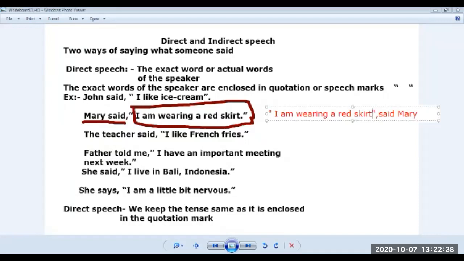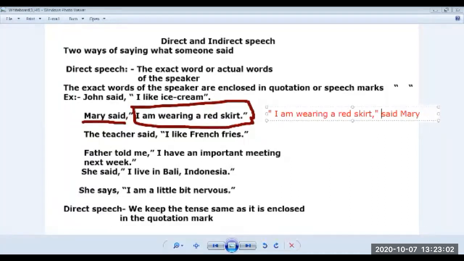It should be inside the speech marks, not outside. The comma goes inside the speech mark. So this is separating the sentence. Now you get it? Is that clear? Yes. Okay. Be mindful of this difference.